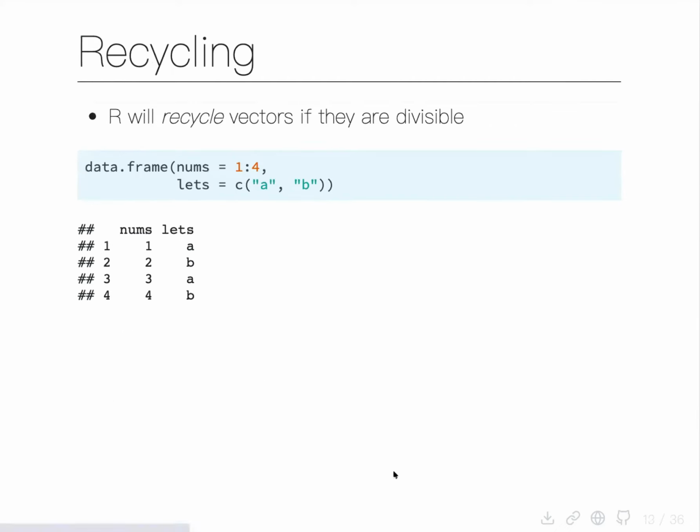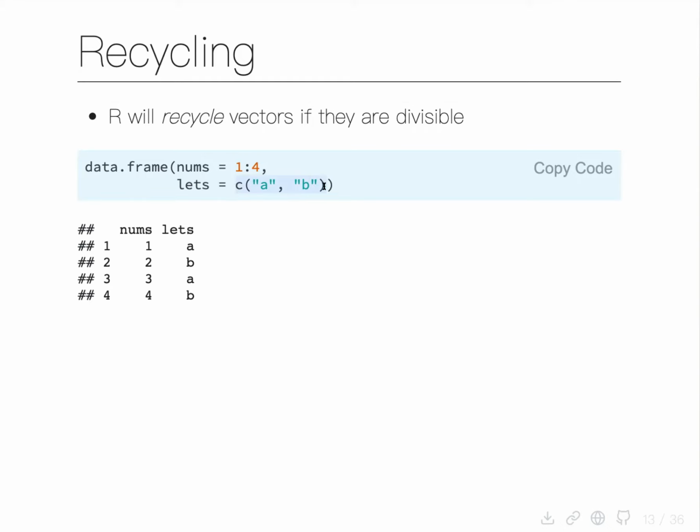What's going on here is recycling. Okay, and this is a base R sort of property. So R will recycle vectors if they are divisible. Okay, so here's an example where I have the numbers 1 to 4, and then for letters I just have A and B. So this is length 2, this is length 4.